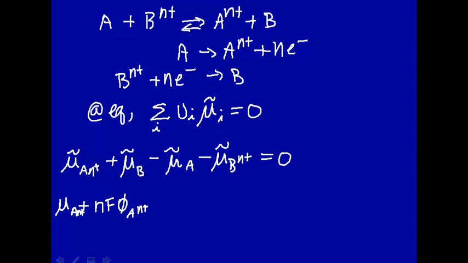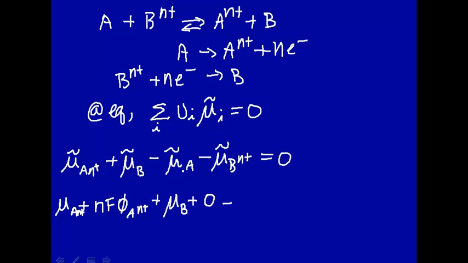So we've expanded that out. Now the electrochemical potential of B. I claim this is 0 for the electric part. Why? Well, B doesn't have any charge, so z is 0. There's no potential associated with that. So the electrochemical potential of B with no charge is just the chemical potential of B.